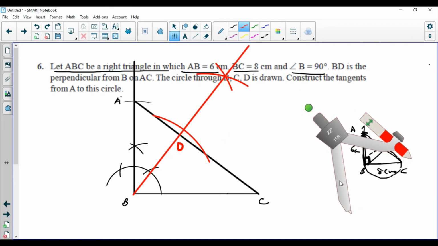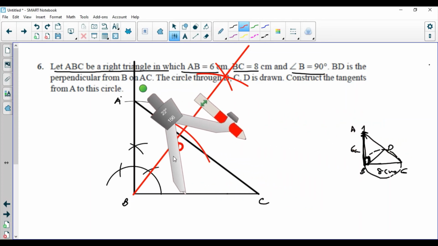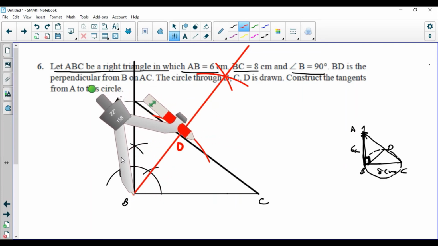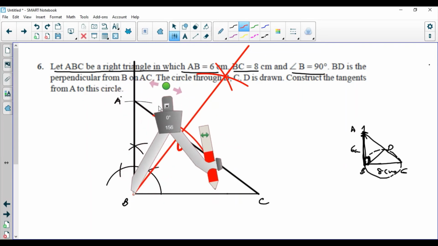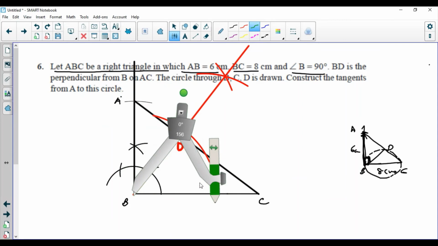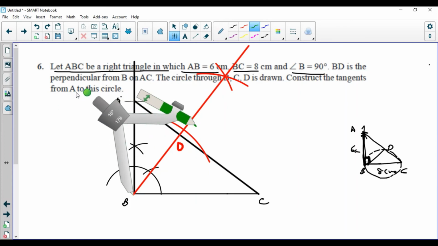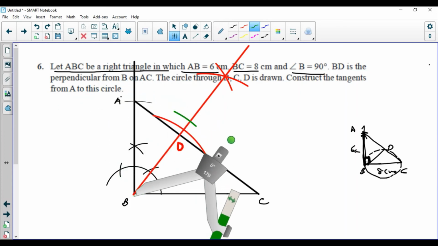Next step is circle through B, C and D. So for that we should know the center. Right? So if I take perpendicular bisector of BC to get the center, I should take more than half distance. One arc above the line, one arc below the line.